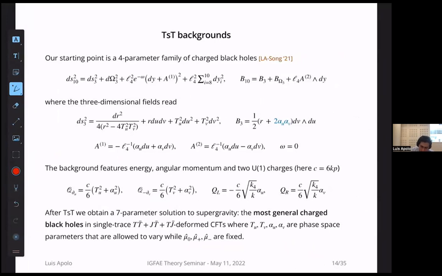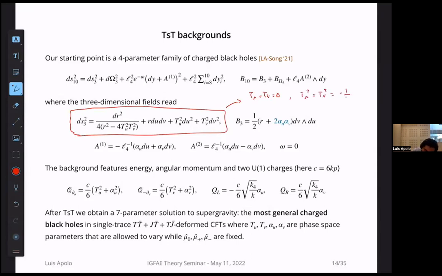The thing worth stressing here is that the 3D metric is just the BTZ black hole where TU and TV are proportional to the temperatures of the black hole. In addition, if you set TU equals TV equals 0, you go back to the previous massless BTZ case. And if you do the analytic continuation where TU squared equals TV squared equals minus 1/4, you can get the ground state geometry.